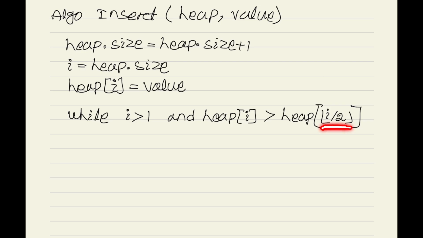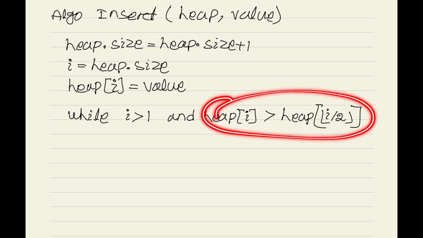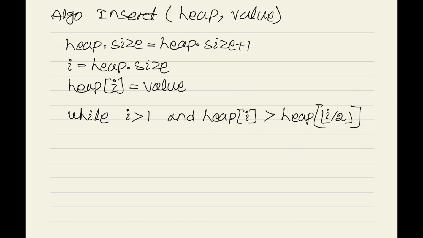So I am writing this one. So here this condition is for comparing the child with the parent. So we have earlier discussed that if one element is at index I, then the parent element is at index I by 2. So we have written the same thing here to compare the values of a child with its parent, and if the child value is greater, then we have to swap.